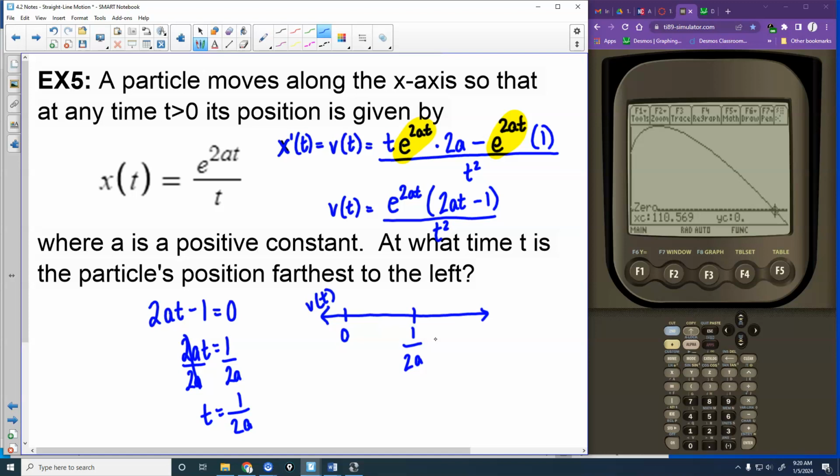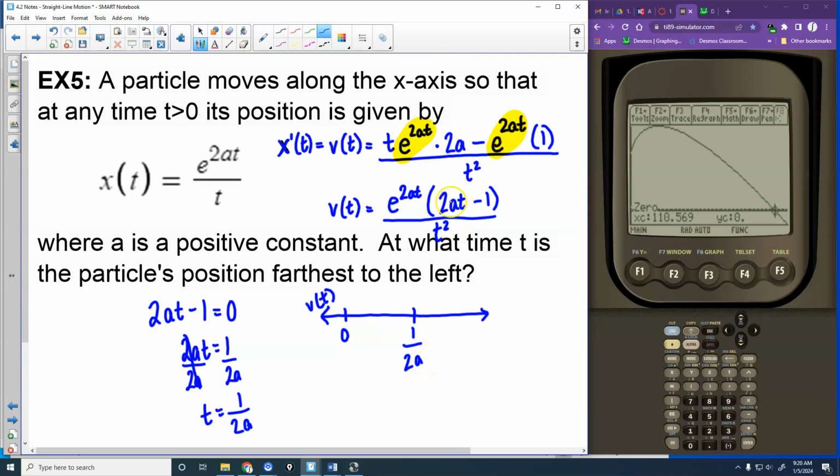And we've got to think about plugging a number in. Again, we could make a chart, but e to the 2at is always positive. T squared is always positive. So really, this part right here, the 2at minus 1, is the only part that is going to give us different answers. So we need something between 0 and 1 over 2a.